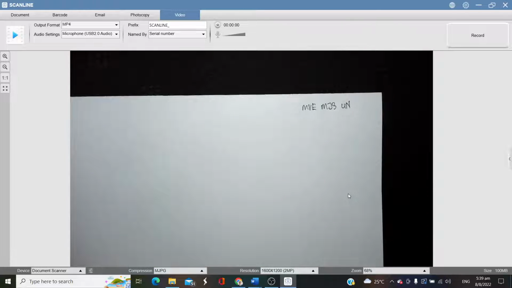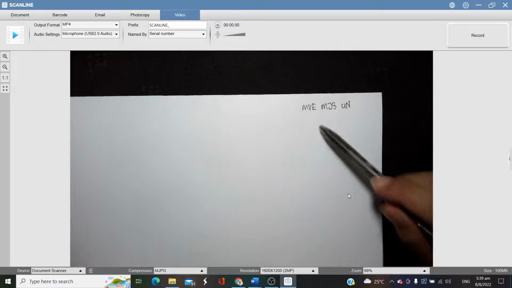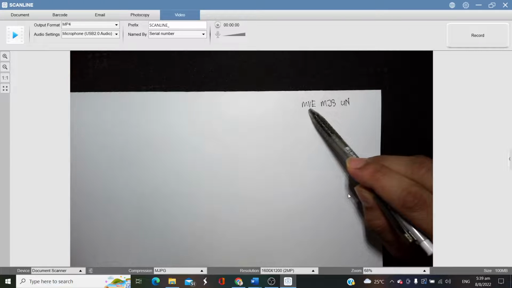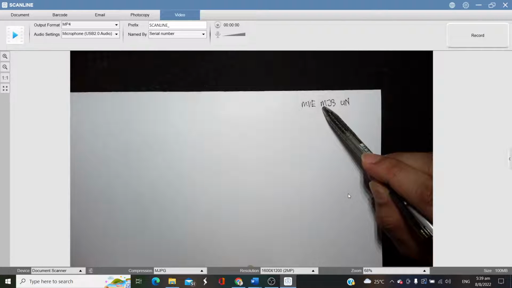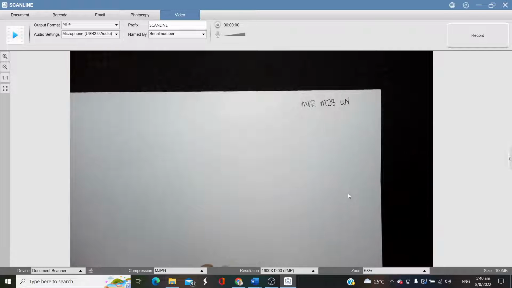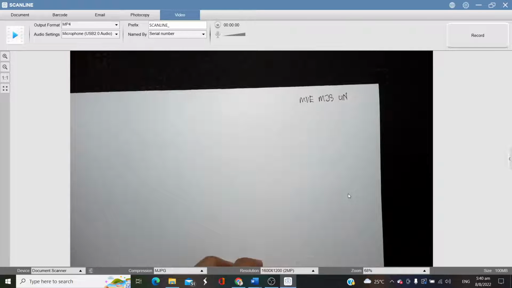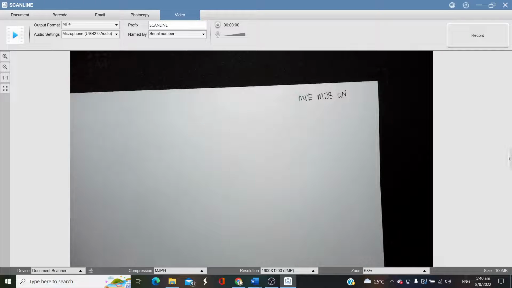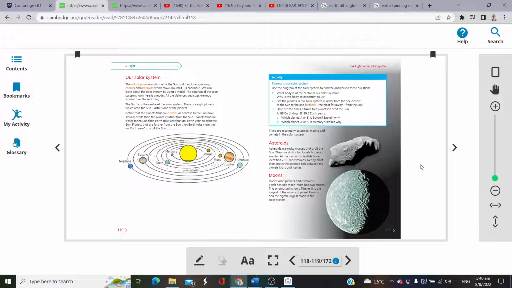okay, still remember this: Mercury, Venus, Earth, Mars, Jupiter, Saturn, Uranus, and Neptune, right? All the eight planets. And beside planets, we also have the asteroids. Let's see here, please open page 111.